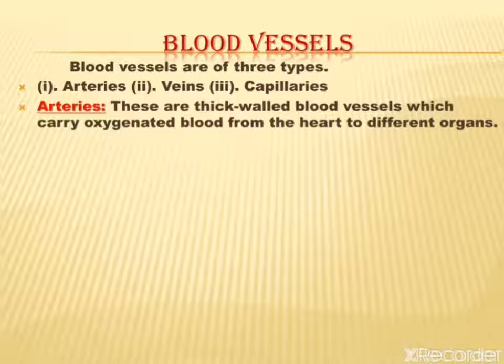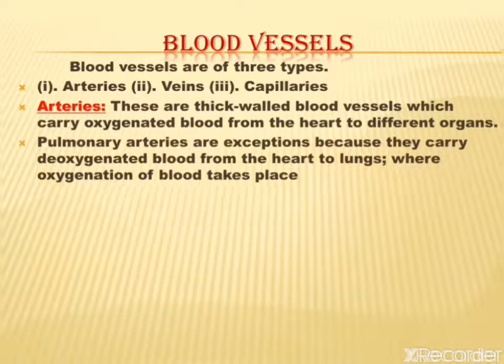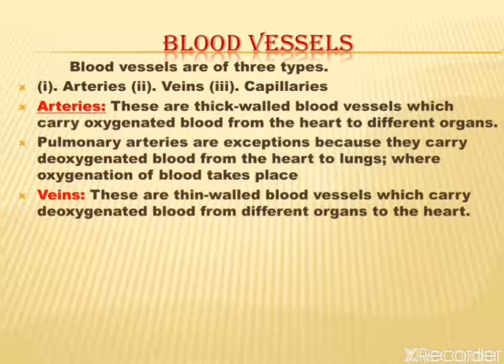They generally carry oxygenated blood, and they carry the blood from the heart to other parts of the body. Pulmonary artery is an exception because it carries deoxygenated blood from the heart to lungs for oxygenation. Veins. Veins are thin-walled.